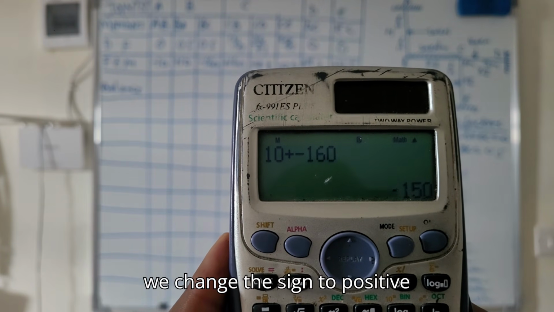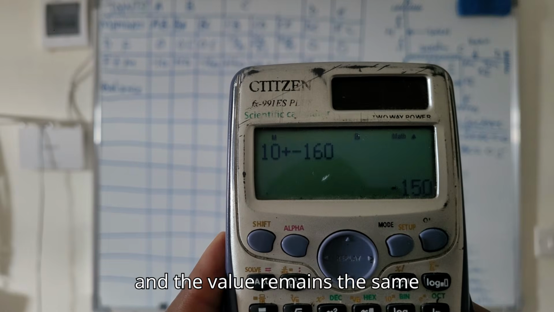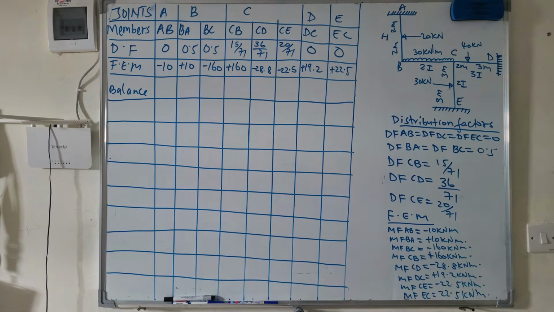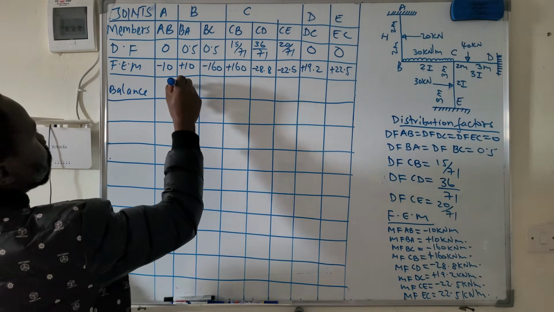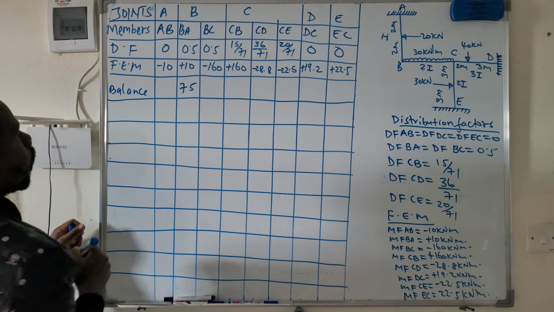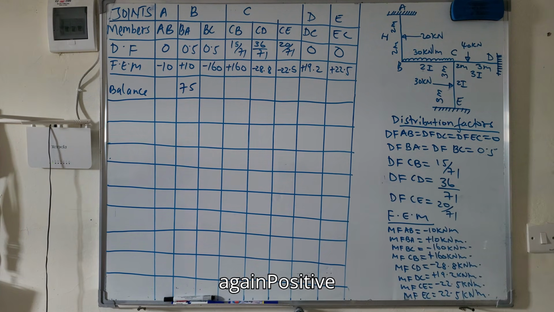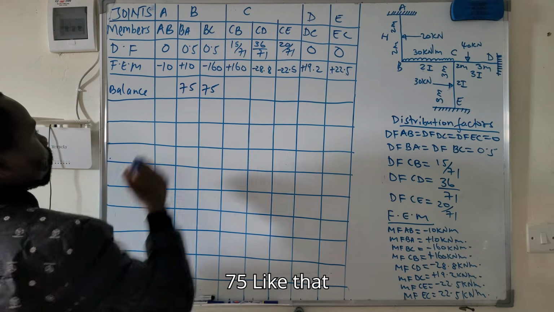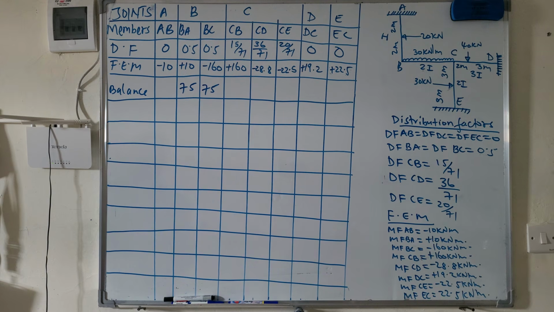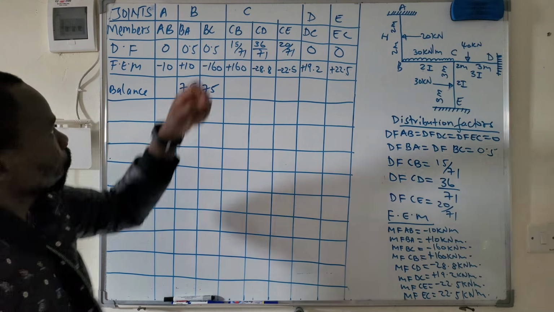We change the sign to positive and the value remains the same. So positive 150 times 0.5, we are now distributing, is 75. Again, positive 150 times 0.5 is 75. Like that.